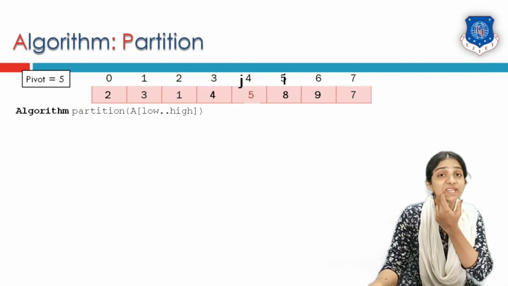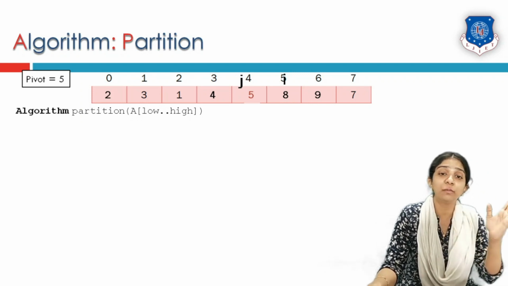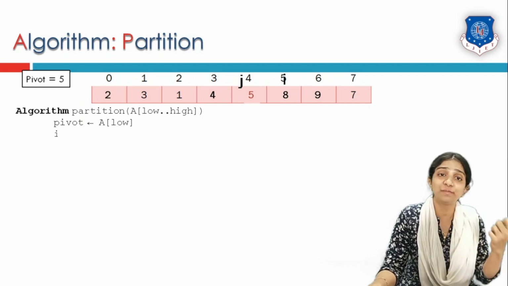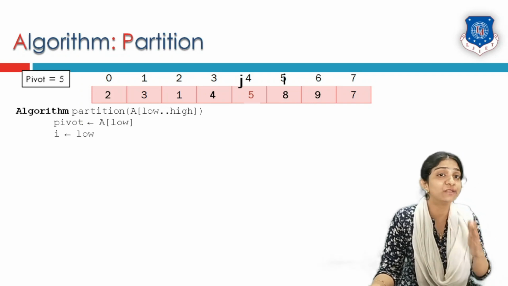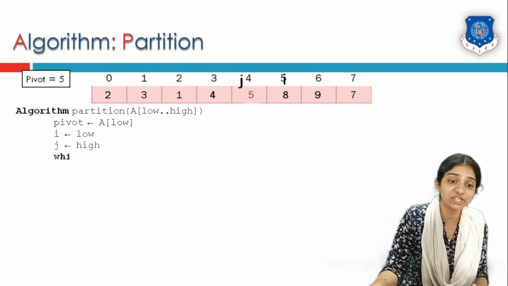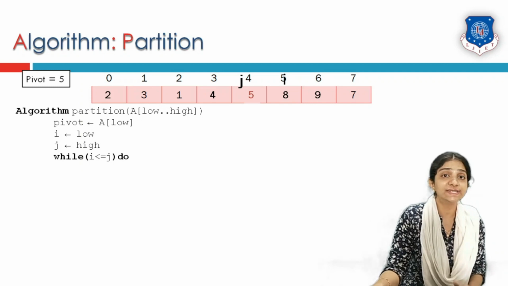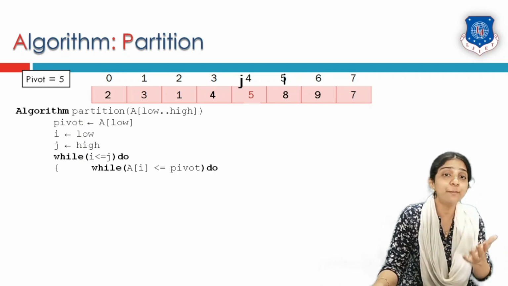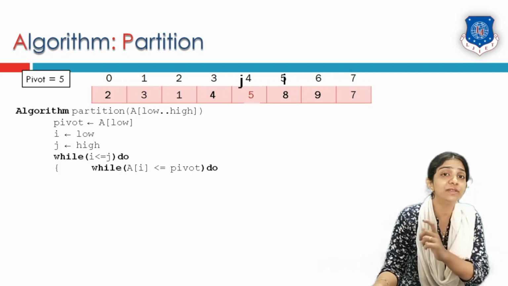So here the partition algorithm will work from low to high. We initialize the low element as the pivot element. We initialize the low index as our i index and the high index as our j index. As long as the i index is lesser than or equal to the j index, we keep on comparing A[i] with the pivot.